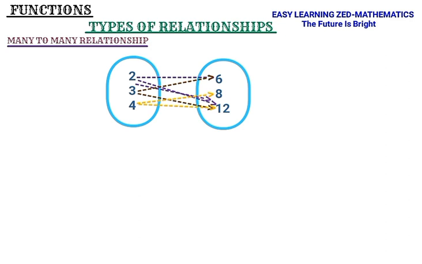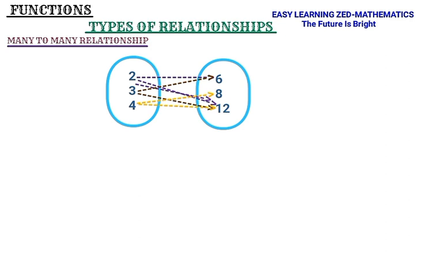Now, as you can see, the numbers in the first set on the left side, where 2 and 3 are, are connected to many numbers in the set on the right side, and the numbers 6 and 8 are also connected to many numbers in the set on the left side.